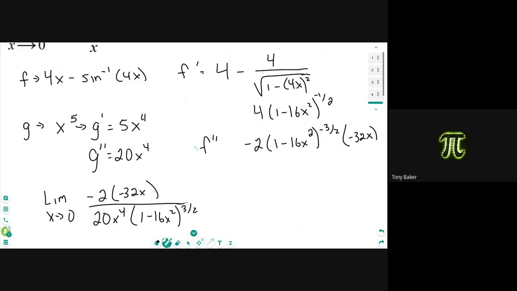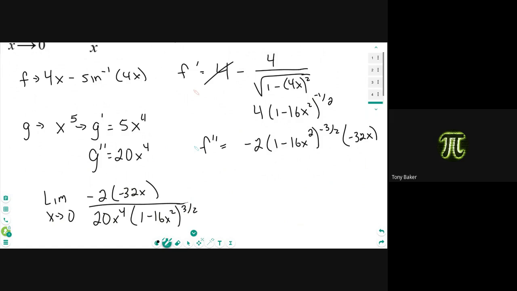I do not like this problem. This is not a nice problem. What was it? Second derivative equals -16x, 4x squared. So the 4 is gone.